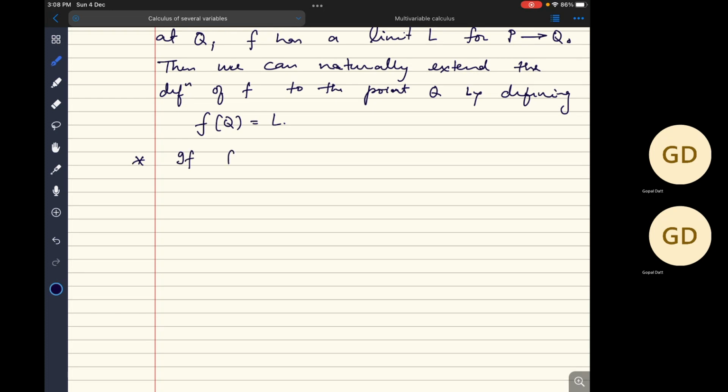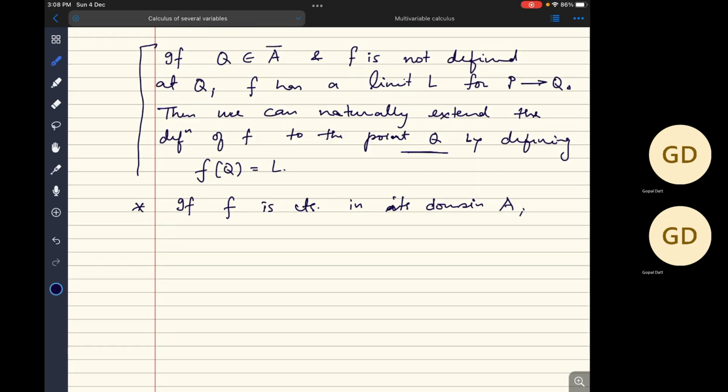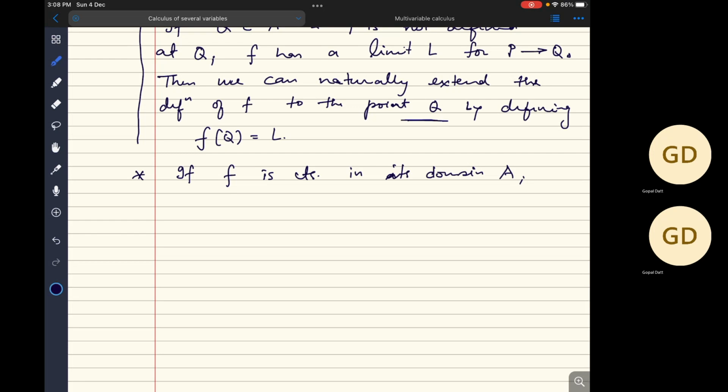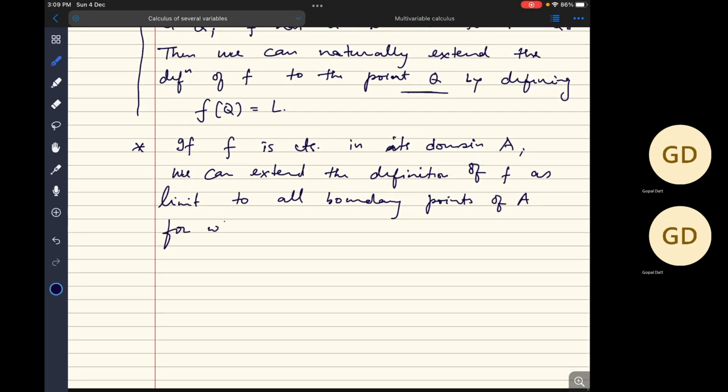If F is continuous in a set or in its domain, so in the above case, here we extend this F to the point Q. Now we can extend this F to all boundary points of A. We can extend the definition of F as limit to all boundary points of A, for which F has a limit.